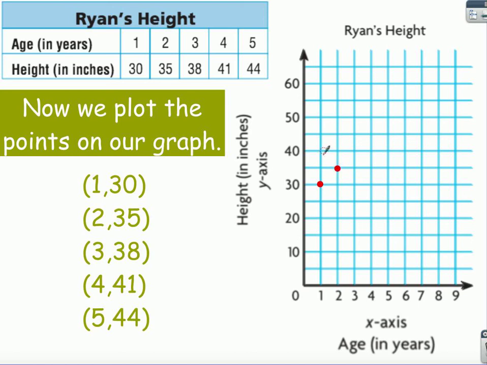Now we don't have a 35, but we know it's right between 30 and 40. When he was 3 years old, he was 38. That's going to be between 35 and 40, so it's probably going to be more like right there. When he was 4 years old, he was 41, so that's just a little bit over 40. When he was 5 years old, he was 44, which means it's pretty close to 45.